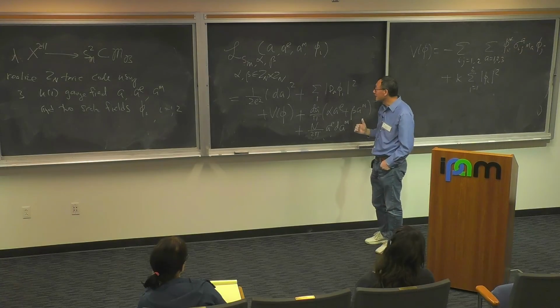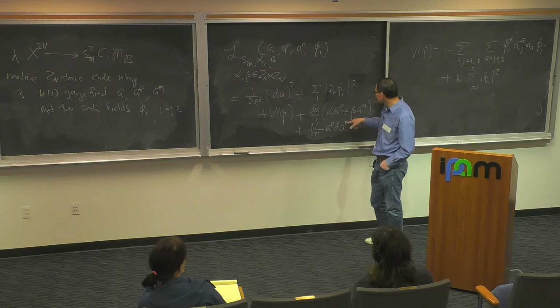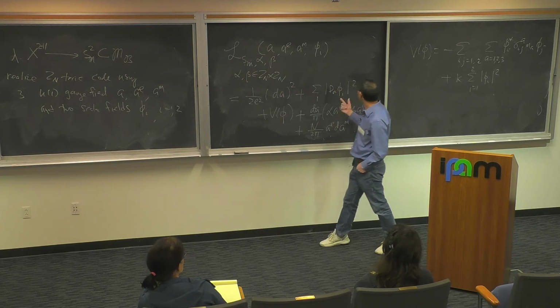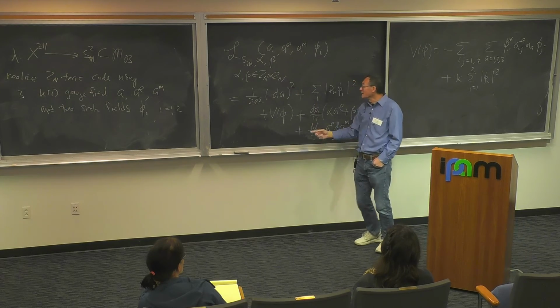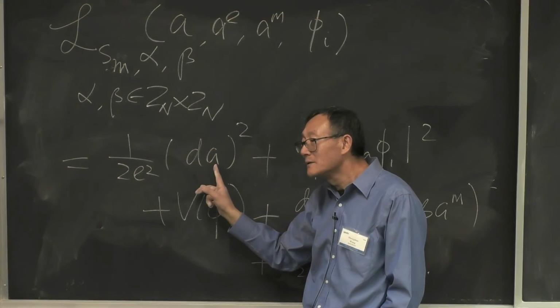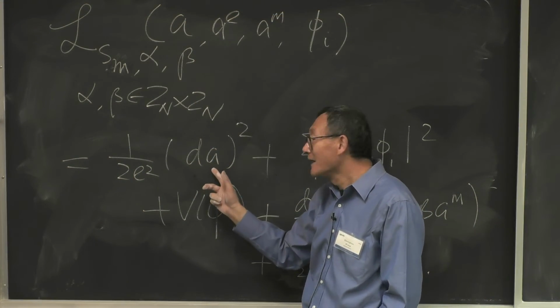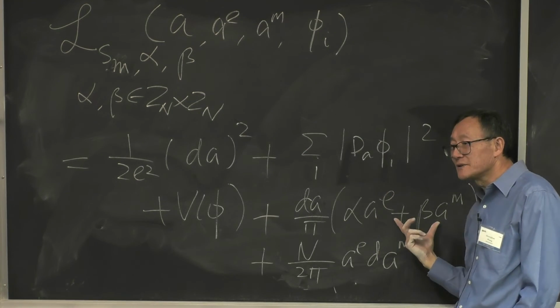And then the claim is that when you condense these two scalar fields, which you have to do to implement discrete gauge theory, then this U1 will be Higgsed, and you are left with those things.